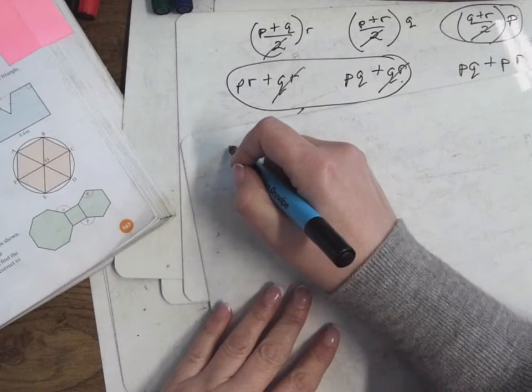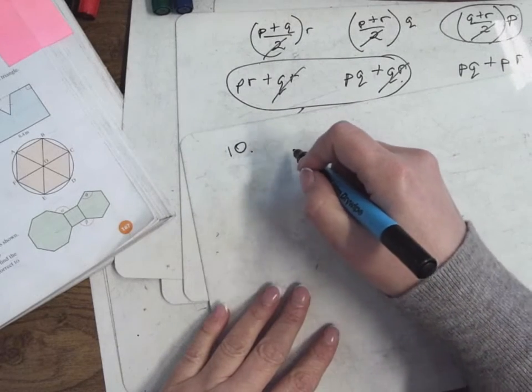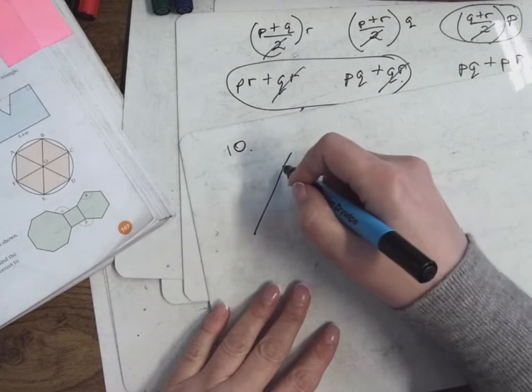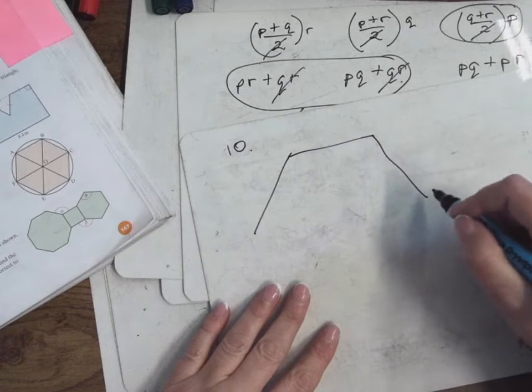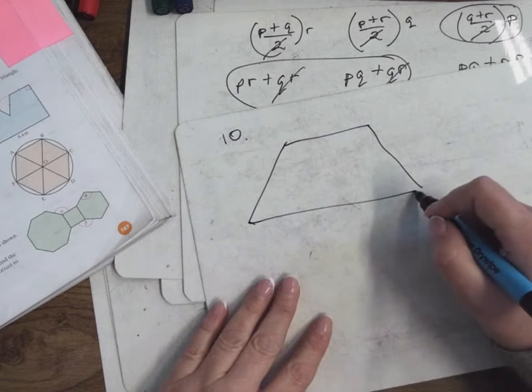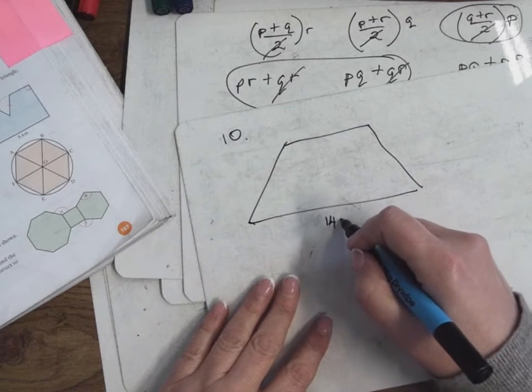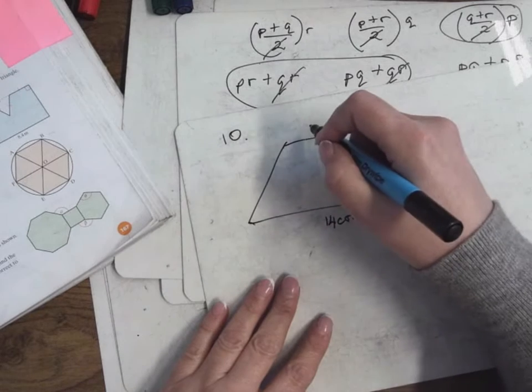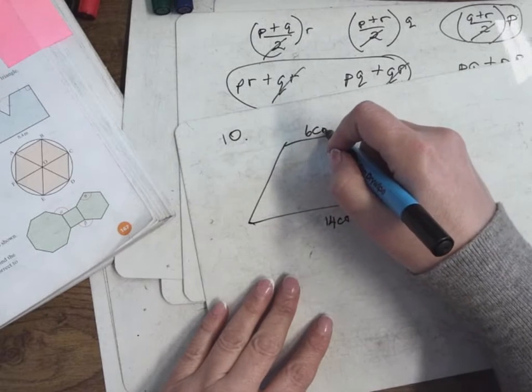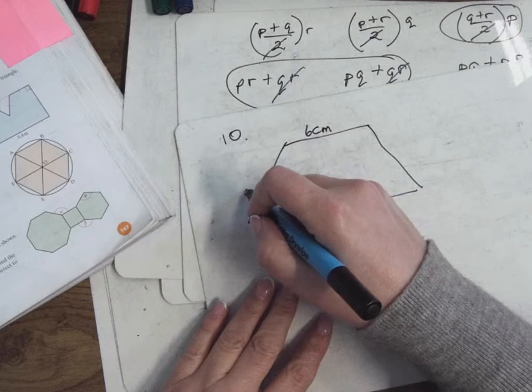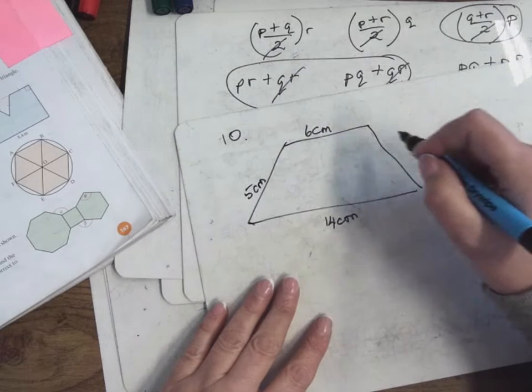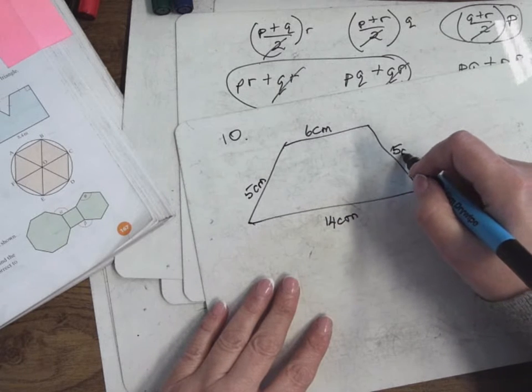Number 10, you have to use a bit of trigonometry in it. So we have this. This is 14 centimeters, this is 6 centimeters, this is 5 centimeters, and this is also 5 centimeters.